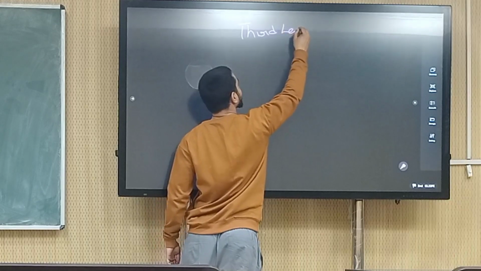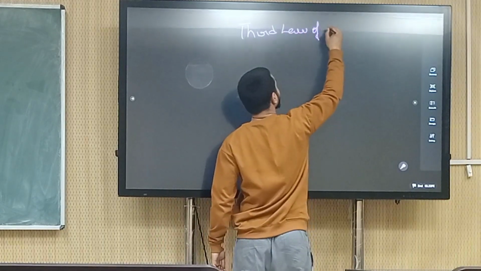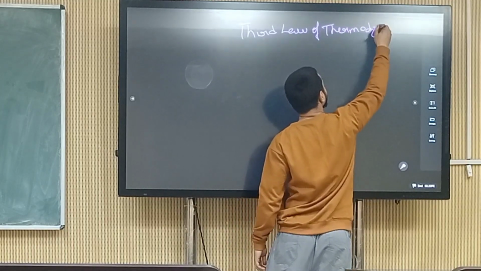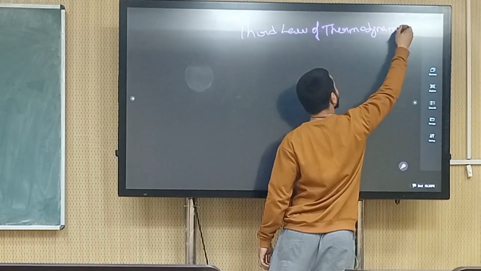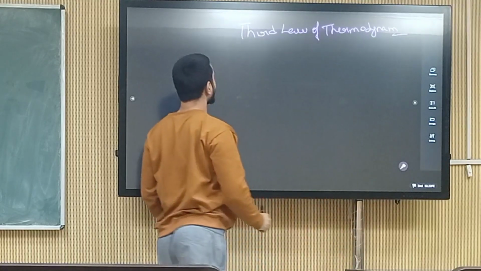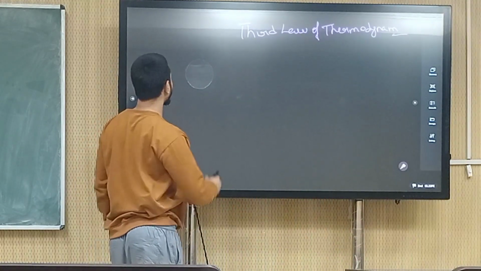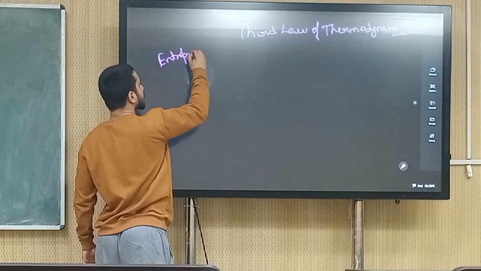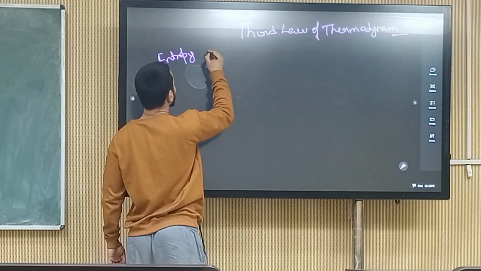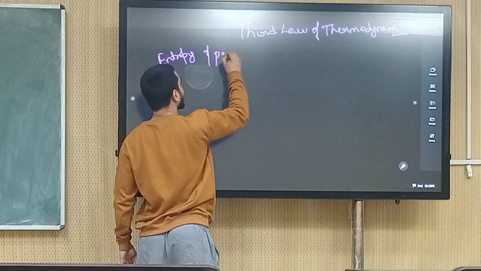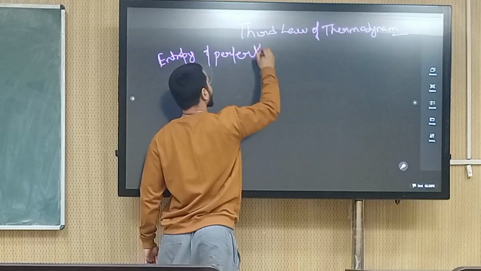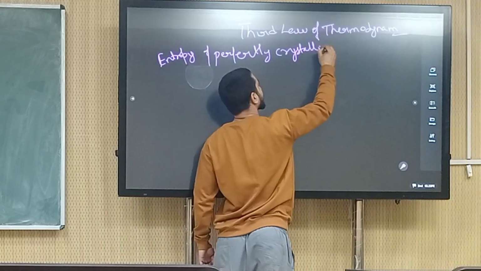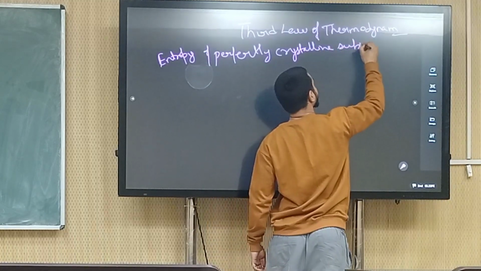So let's see the third law of thermodynamics. From the third law, it states that the entropy of a perfectly crystalline substance is zero.